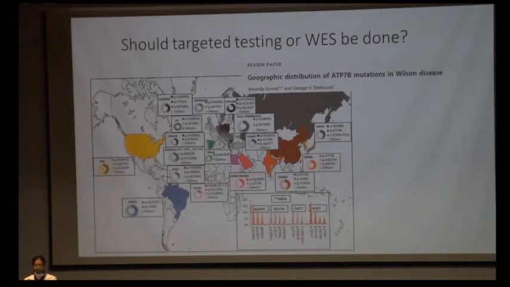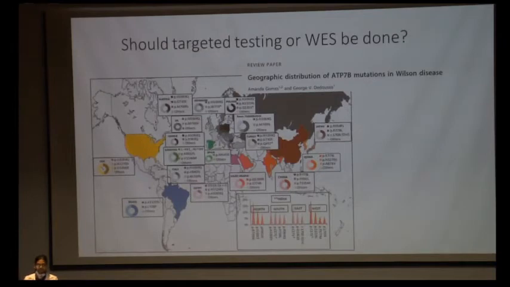It's difficult to generalize this because each disorder is different, but I'd like to use the example of Wilson's disease. Wilson's disease has been an example of using targeted testing because there are certain mutations which are present in high frequency in the population, and so targeted testing could pick up a large component of those mutations.